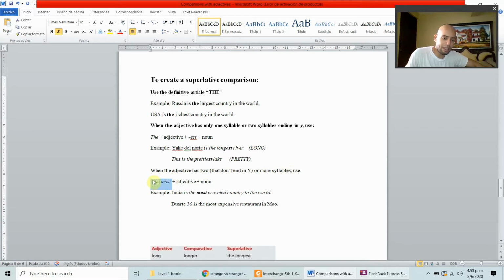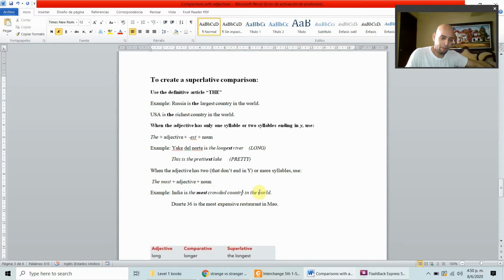So we have to write the definite article, most, plus the adjective, plus the noun modified. For example, India is the most crowded. This is the adjective crowded, the noun modified, and in the world.